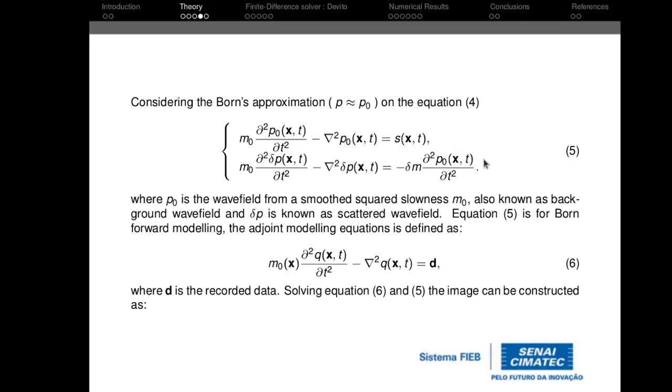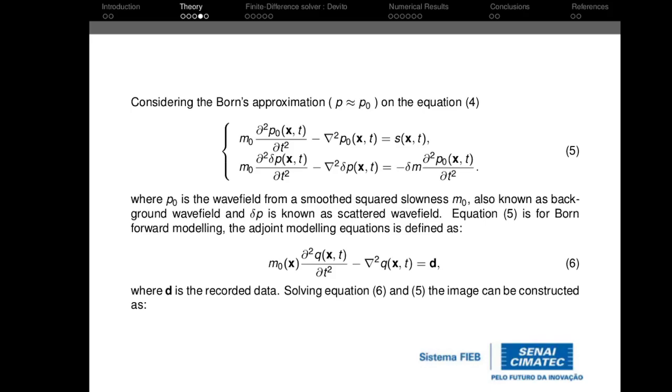So by using this set of equations here, you're going to generate the shot gathers. It's clear here that I need to have a velocity model, which is represented here by m0, and then I propagate the wave through this velocity model, and then I record the data, generating the shot gathers.